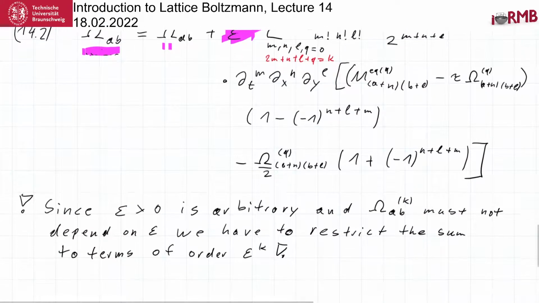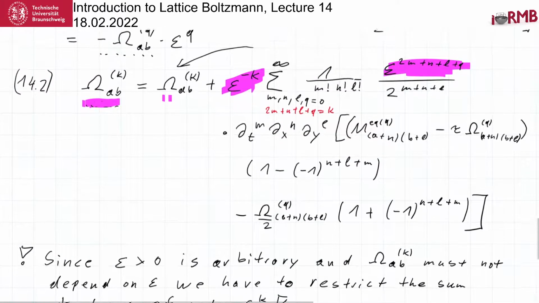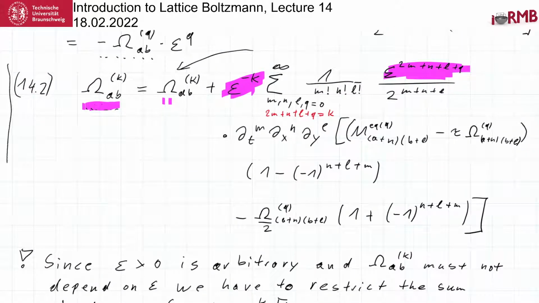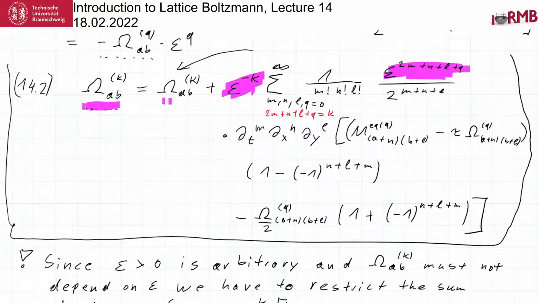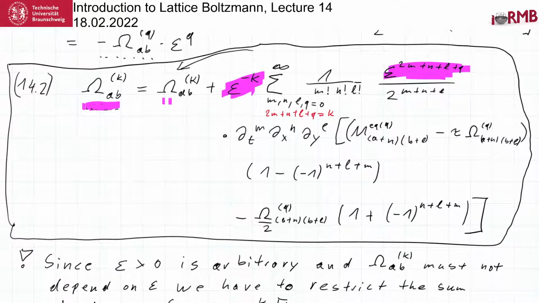And this means we can call this equation here, which unfortunately has now become very large. So this is now a very practical tool, and this is called the recursive asymptotic expansion.